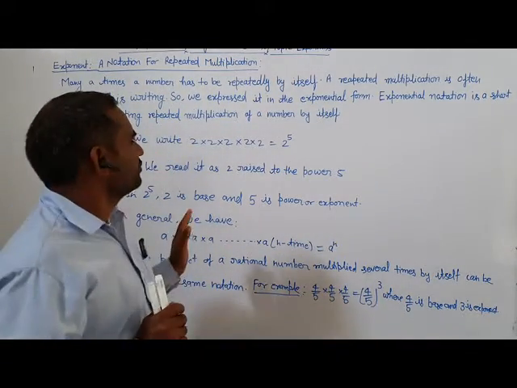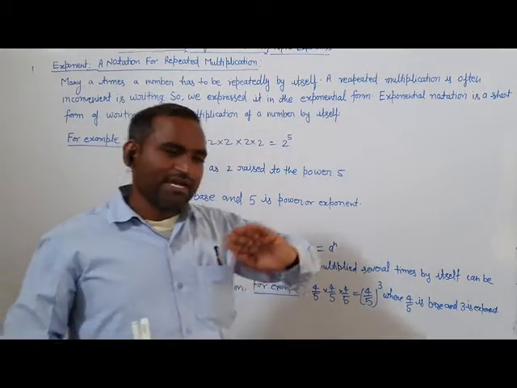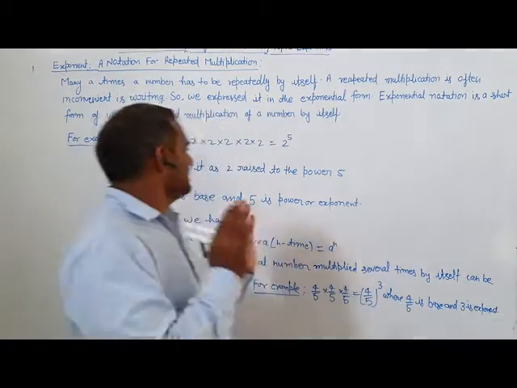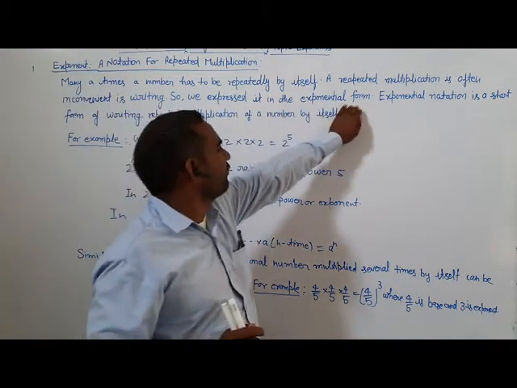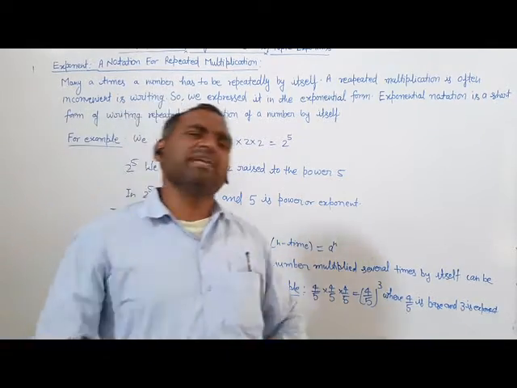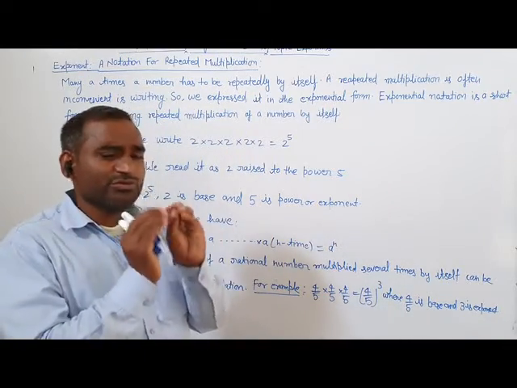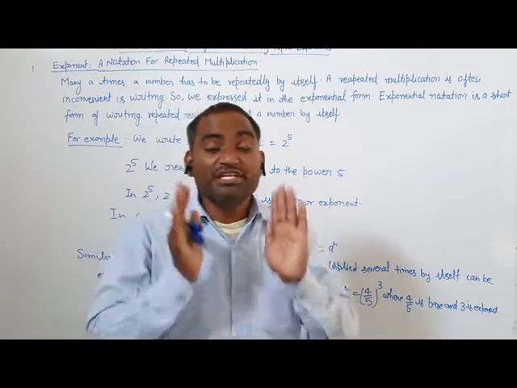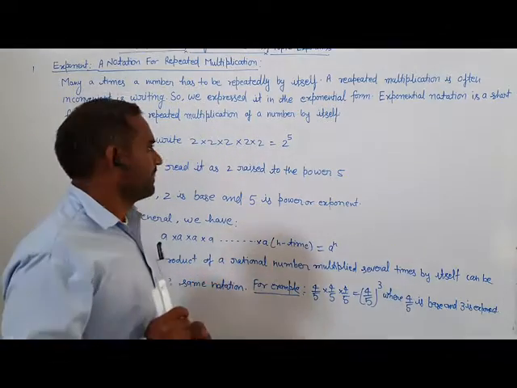It is not good to write a number in multiplication form by itself. So we express it in the exponent form. To remove this inconvenience, we need exponent. We write in exponential form.